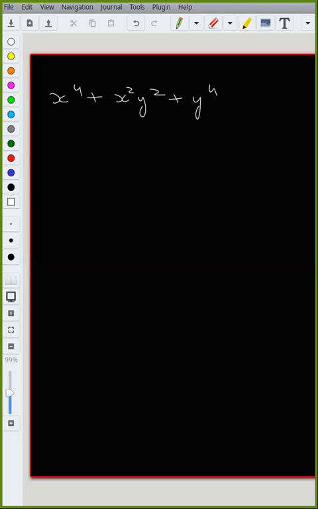Again, what is a cube minus b cube? A plus b multiplied by a square minus ab plus b square. So do we have that kind of terms here? Where is a minus b or x minus y here? So how are you factorizing it in this way?